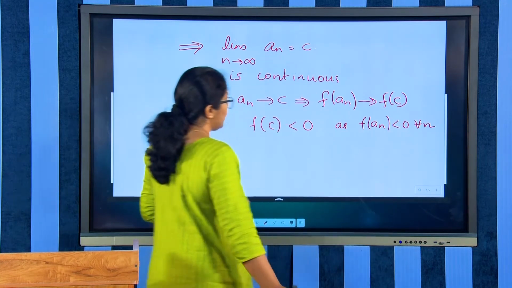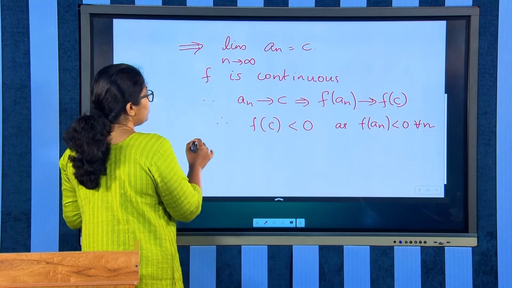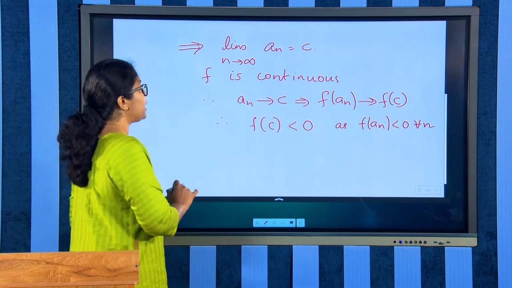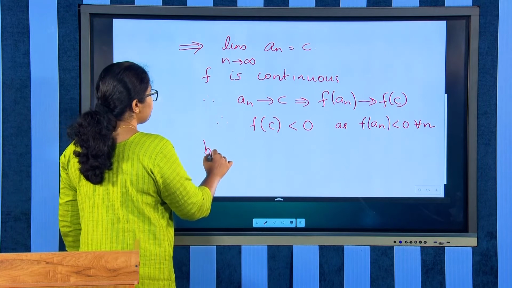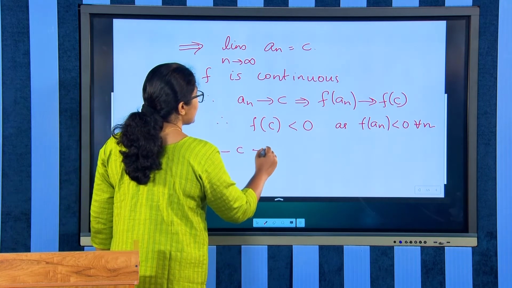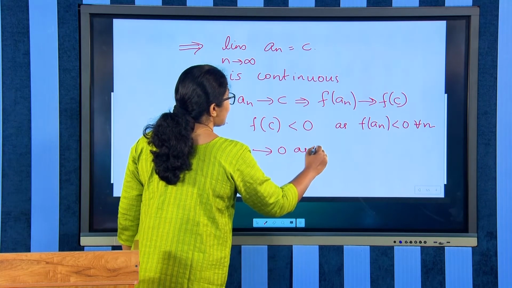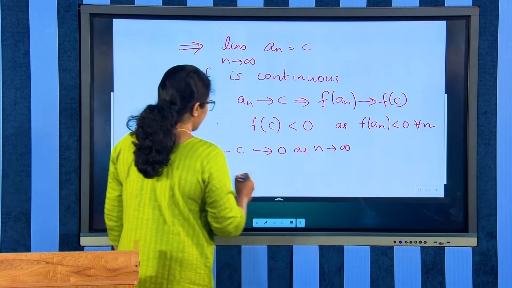Similarly, a similar argument can be applied to show that Bn minus C tends to 0 as n tends to infinity.